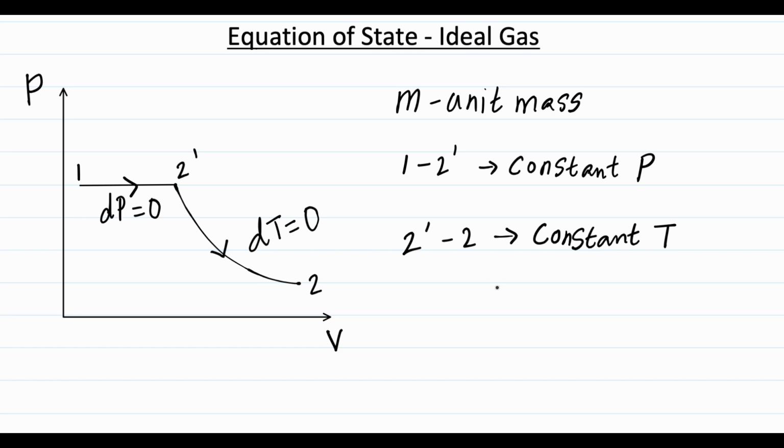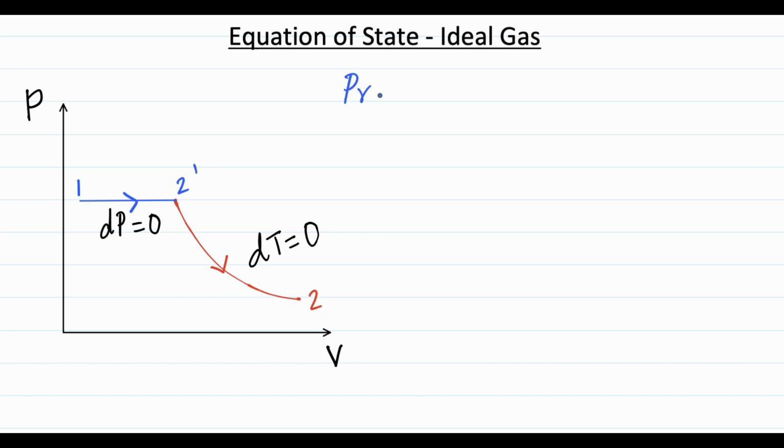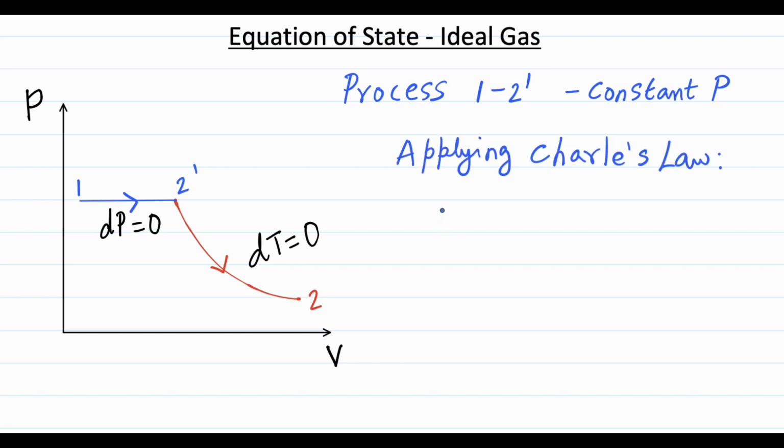The notations are the same, where P is the pressure, V here is the specific volume, and T is the temperature. For the process 1 to 2 prime, since it is a constant pressure process, we can apply Charles' law, and we can write it as V1 by T1 is equal to V2 prime by T2 prime.